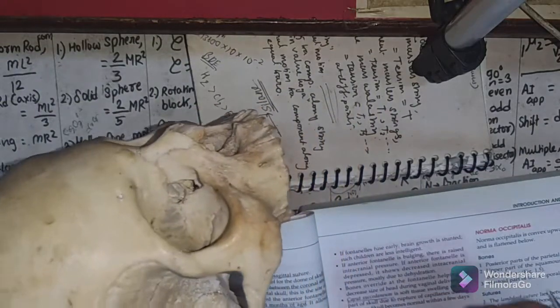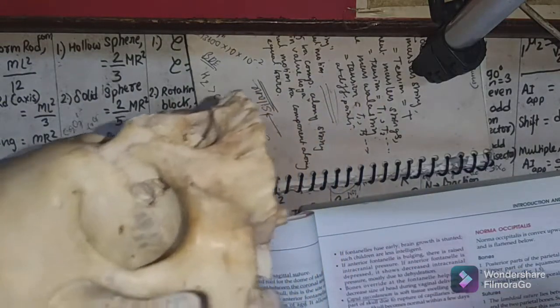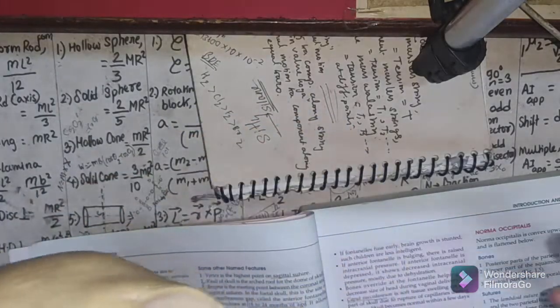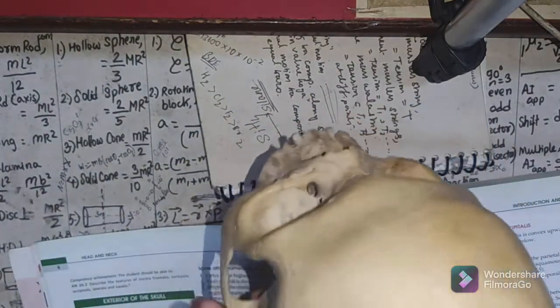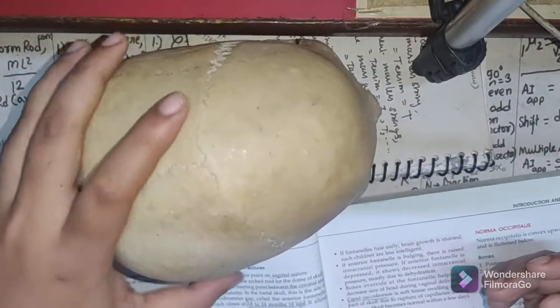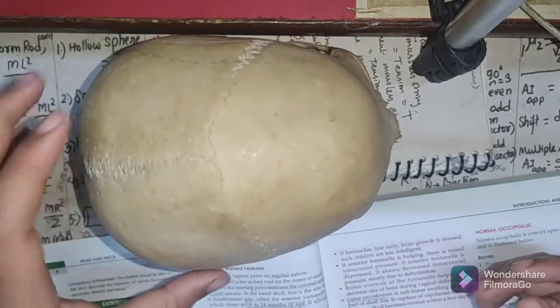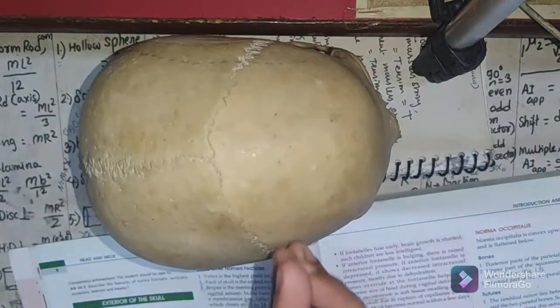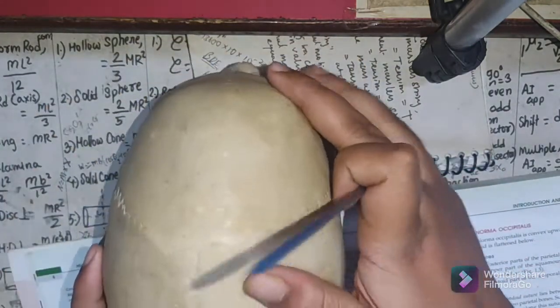If some capillaries are damaged during the delivery, there is a soft tissue swelling. The skull generally becomes normal within a few days in postnatal life, but it will be better if you consult a doctor for the same. Alright, so this was all about the norma verticalis.